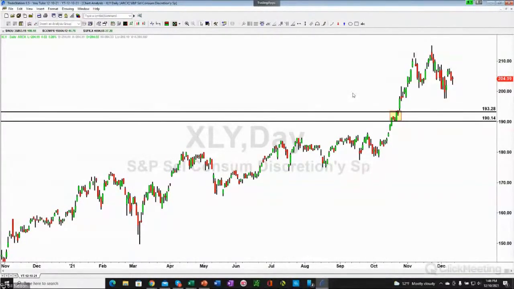These are the companies with products of things that we want and less of the things we need. And that's what makes up consumer discretionary. And with that, we're looking at an opportunity here at 193 to 190.